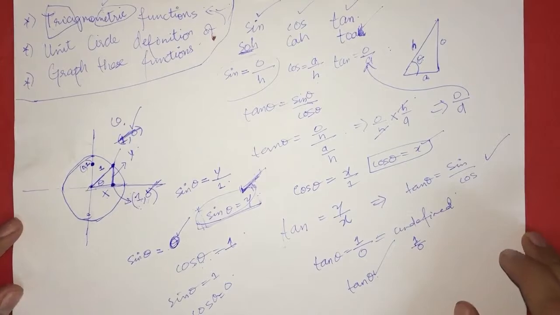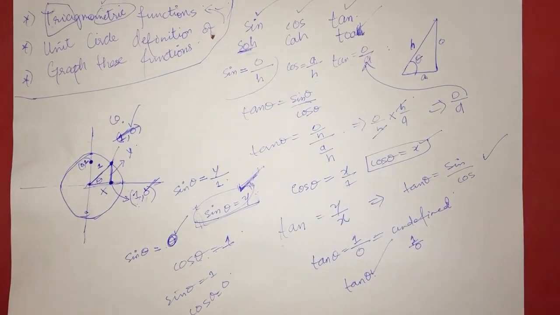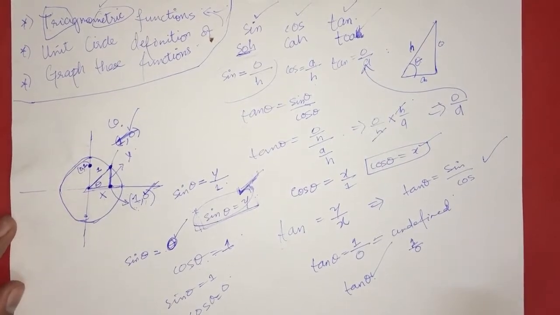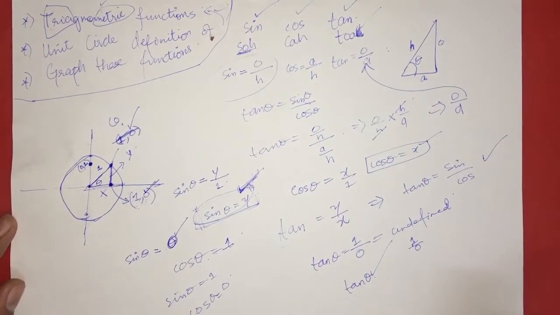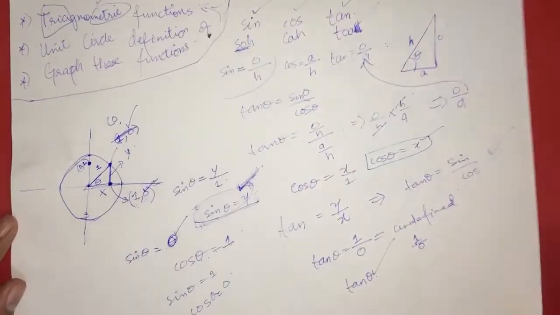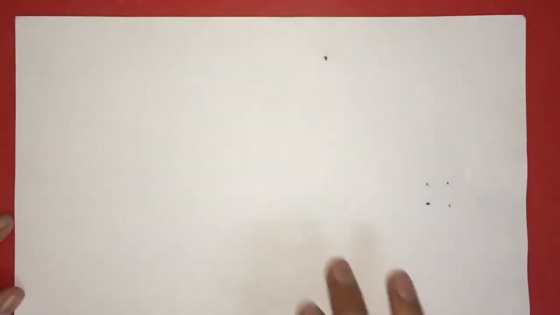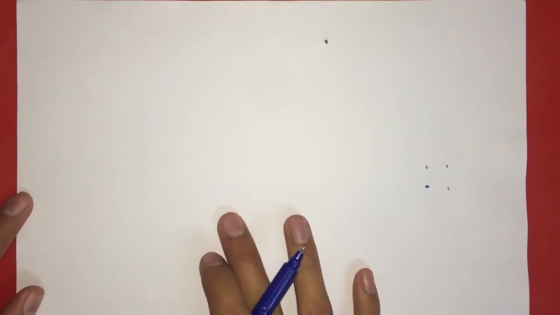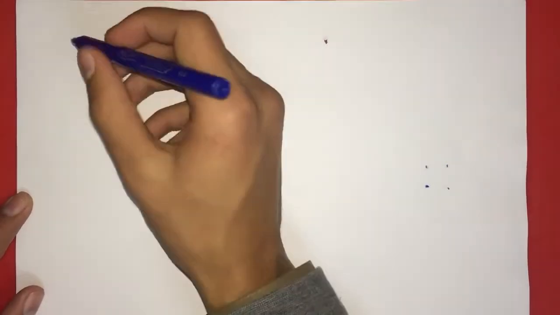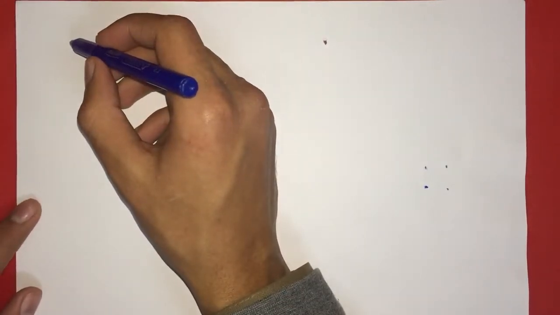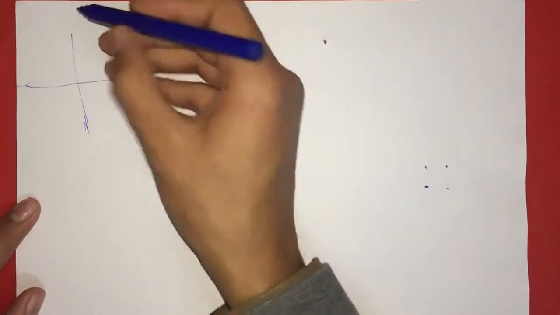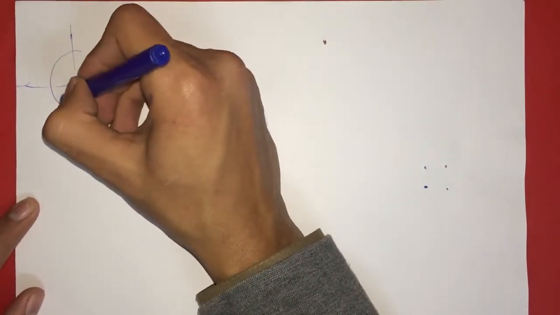Let's discuss some of the identities of these trigonometric functions. Let's consider I have a unit circle over here, whose radius is 1.